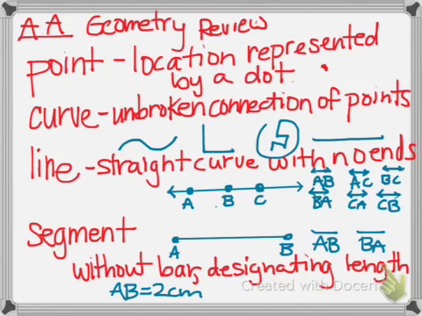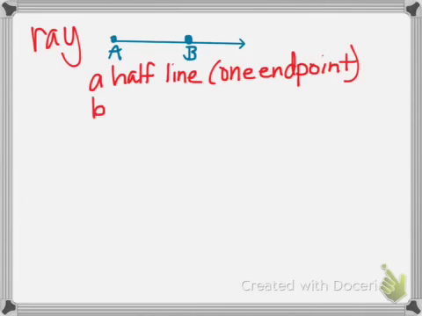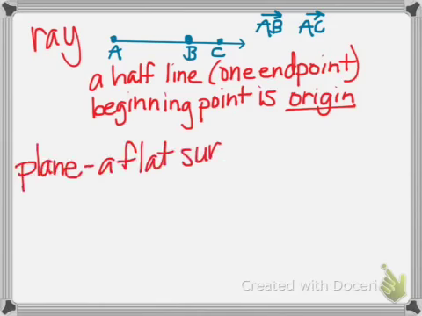We can say segment AB is 2 centimeters long. Okay, a ray. A ray is a half line. It has one endpoint. The beginning point is called the origin, and we can name this ray either AB or AC. It always has the origin in it.